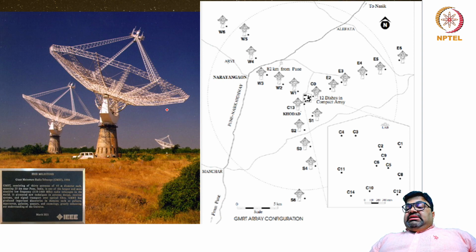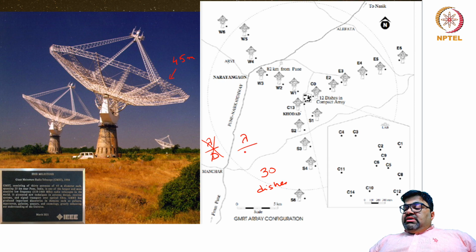We refer to GMRT. These individual dishes are also quite magnificent, and they are state of the art. There's a 45 meter diameter dish, and we have 30 of them, 30 dishes across. But now the resolution is no longer determined by lambda over D. Instead, it is replaced by lambda over B max.